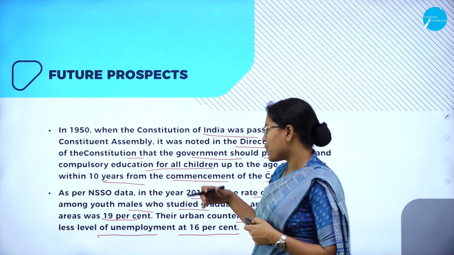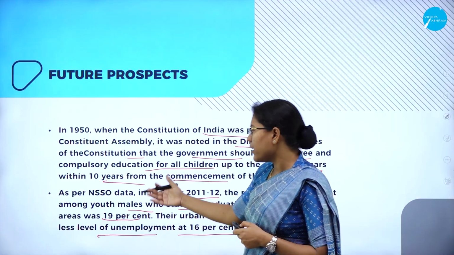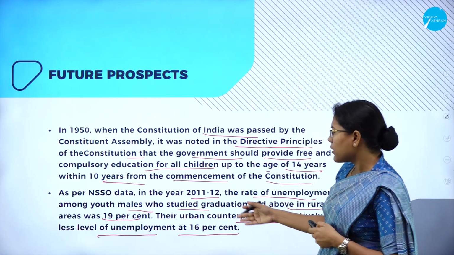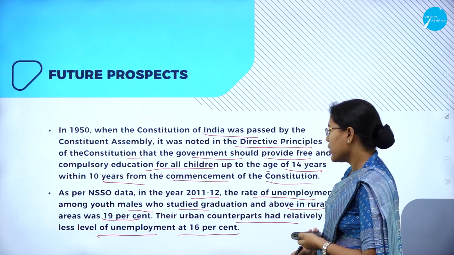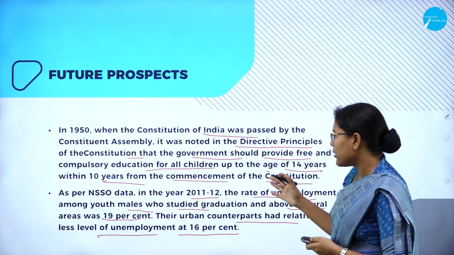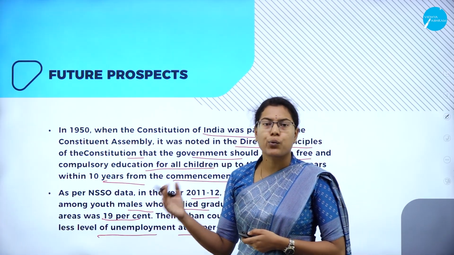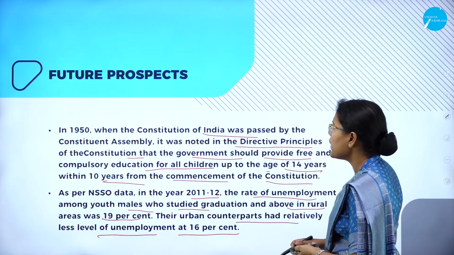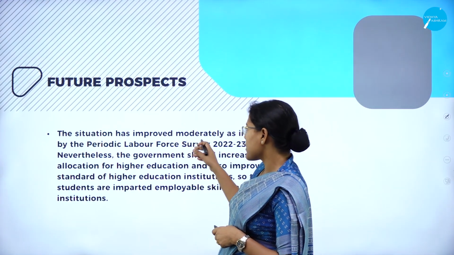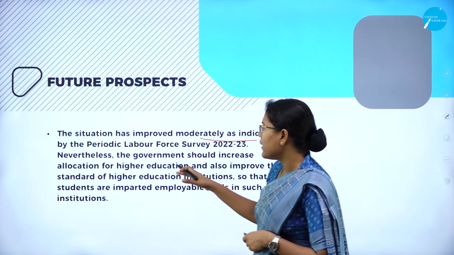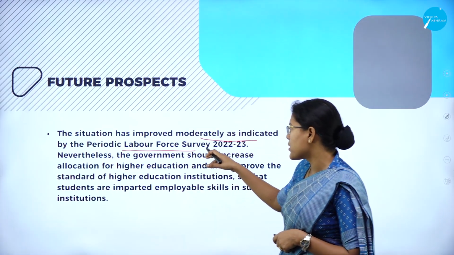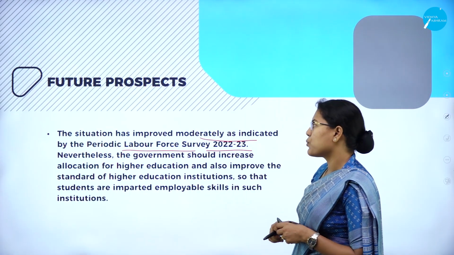The unemployment rate is higher among rural graduates compared to urban graduates. So there is a variation between urban and rural graduate males. Then the situation has improved moderately, as indicated by the Periodic Labour Force Survey in 2022 to 23.